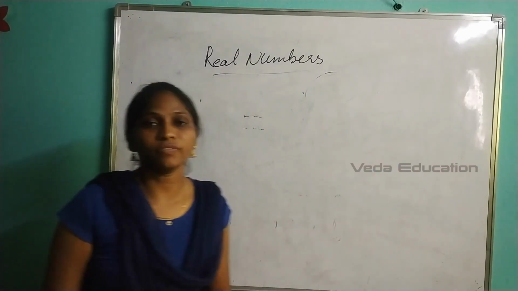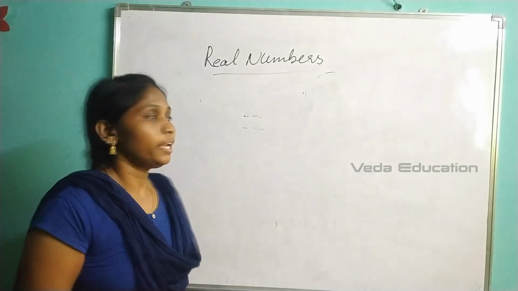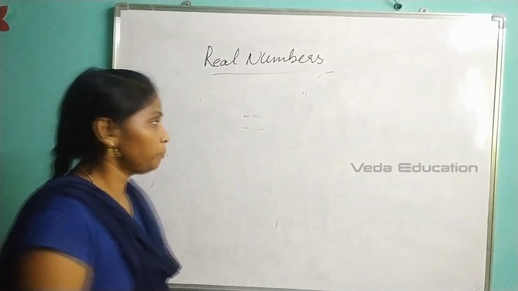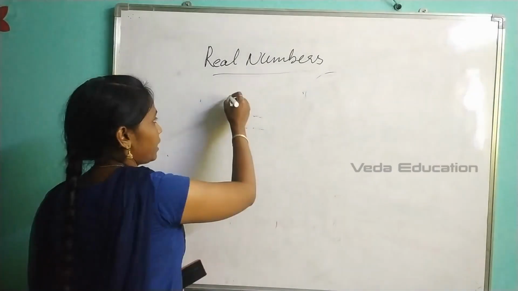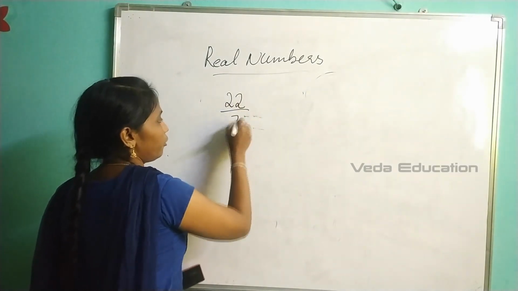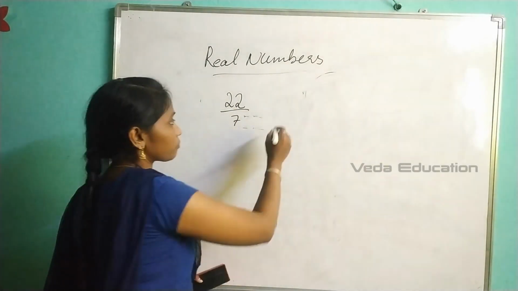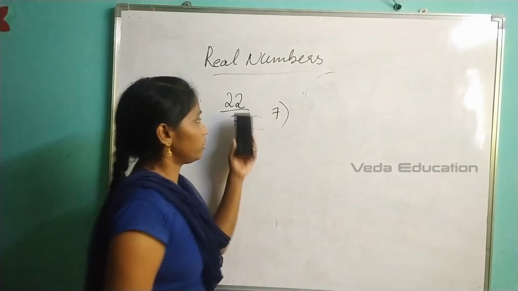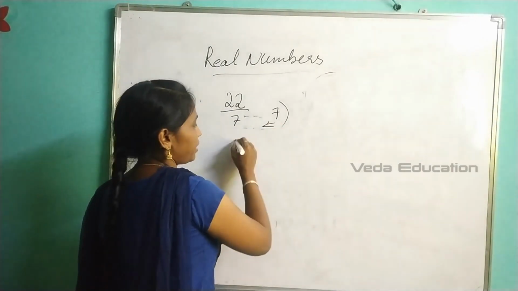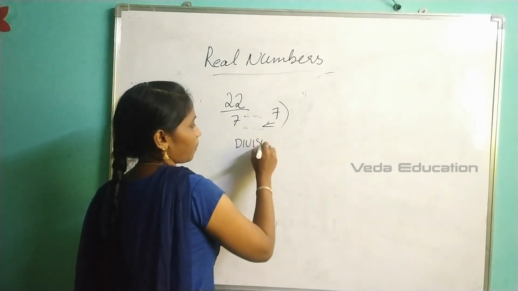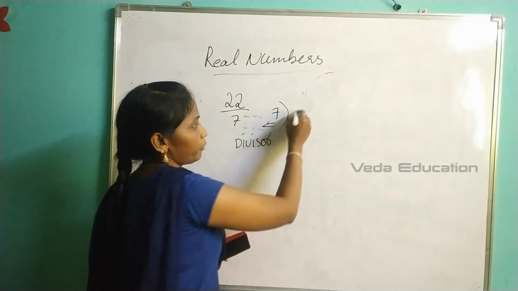In earlier classes we learned the division algorithm rule. Let us discuss what the division algorithm is. Here, I am dividing 22 by 7. So 7 is the divisor and 22 is the dividend.